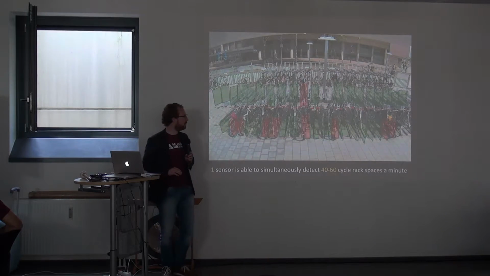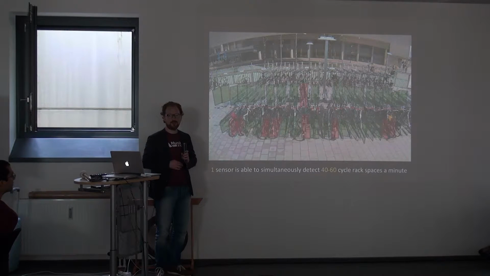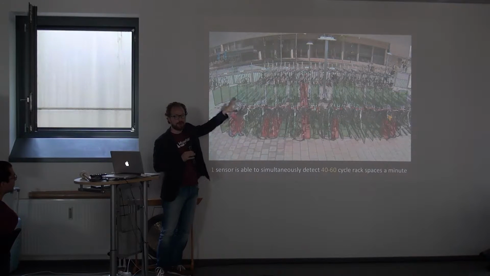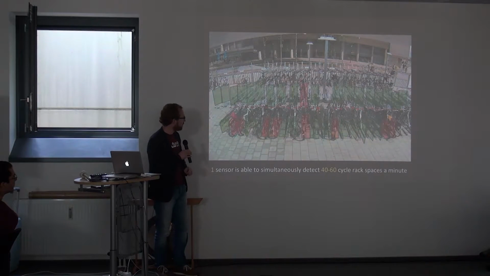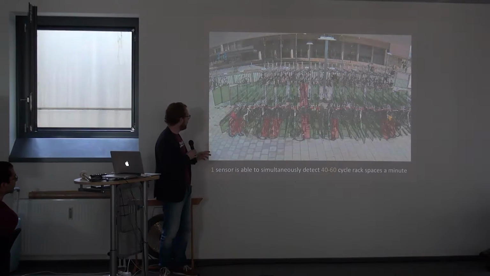Here I have a picture of what one of these sensors is seeing. This is actually in an outdoor facility we have in Utrecht City. What you see here is a two-tier bicycle rack, so 2 rows of bicycles on top of each other. What we do is we draw in these regions of interest. That's what we call them. And then for every region, we can see in the third dimension.